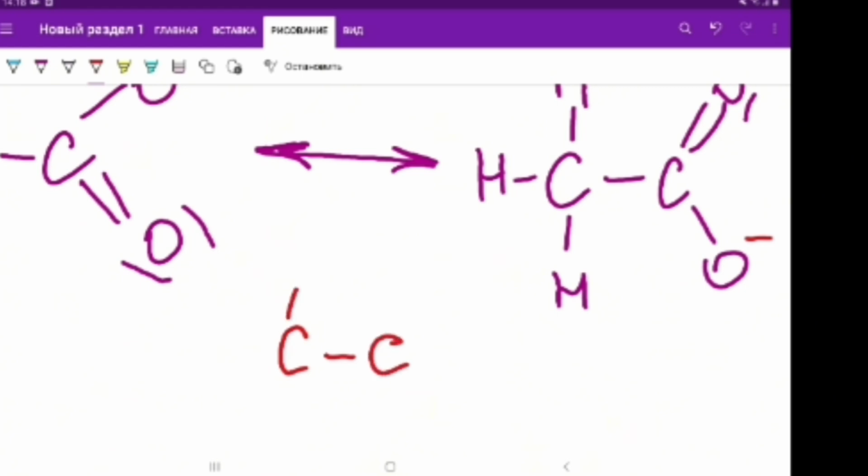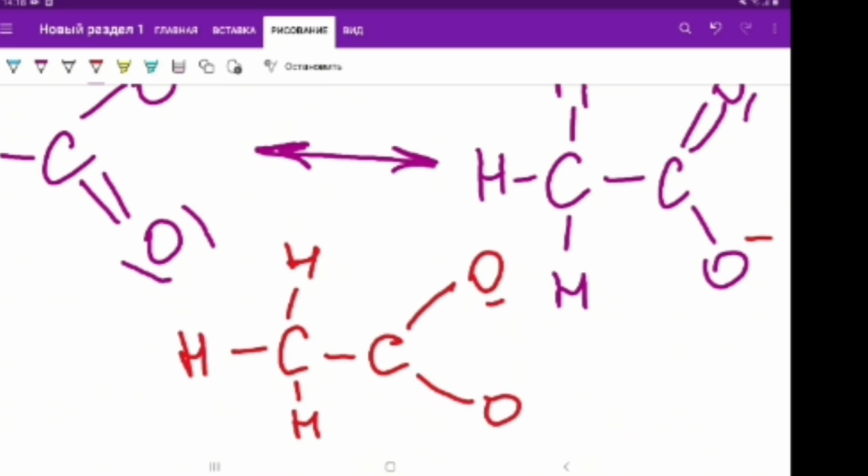C, H, H, H. We draw like this. And we draw the dashed line between them. And this will be the hybrid form of these 2 variants. I will not delve into this topic because I will talk about it in another video.